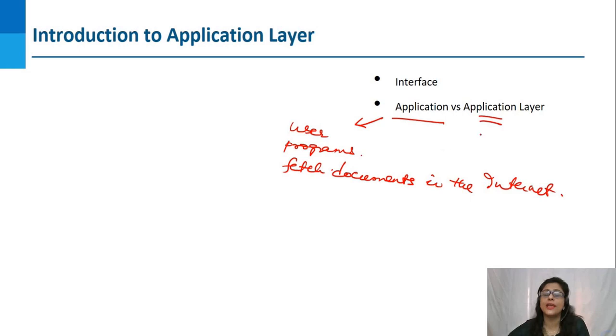And the application layer is the layer of the OSI model or the TCP/IP model which is at the top. So there is a basic difference between the application and the application layer. We can say that the application is a part of the application layer.